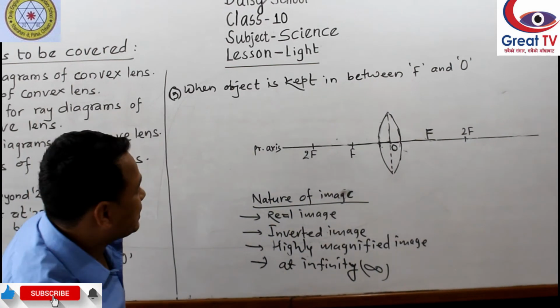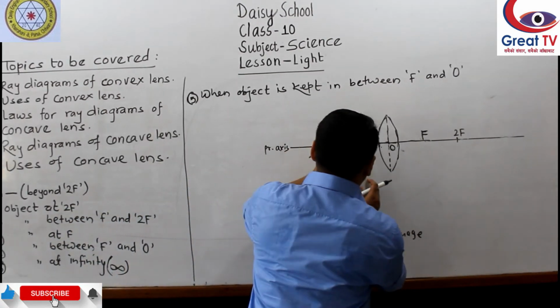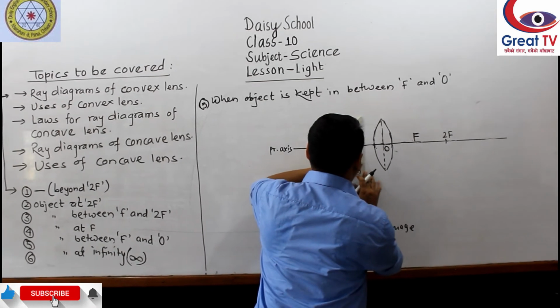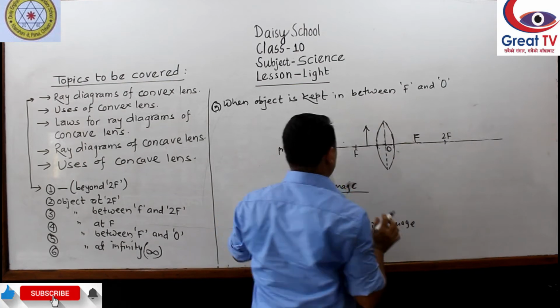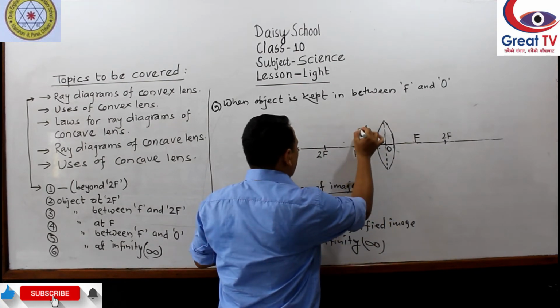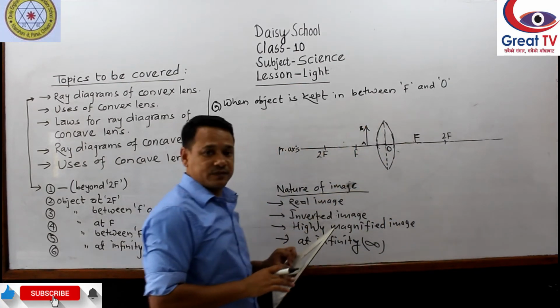Now the position of the object is in between F and O. So this AB is the object.